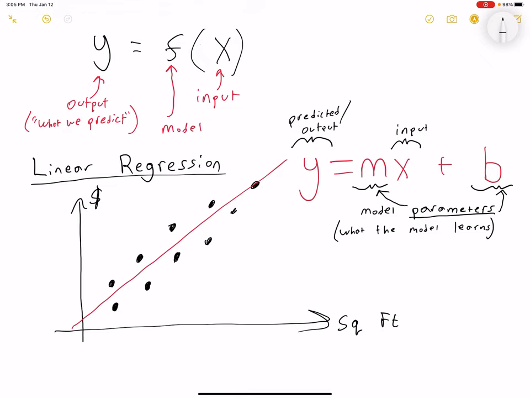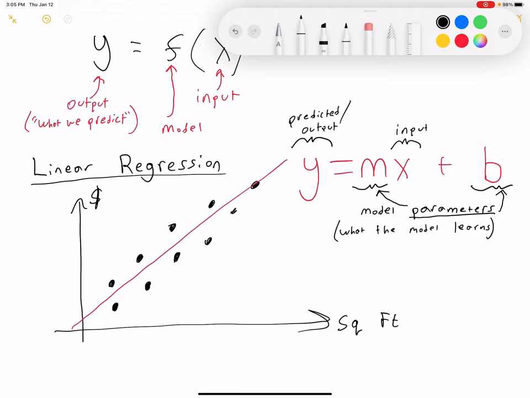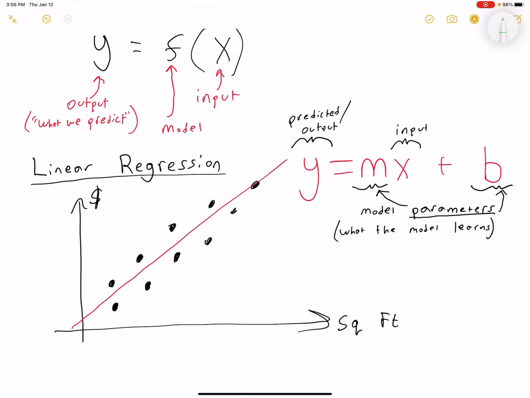So in linear regression, this line is the line of best fit. So how do we find out what the line of best fit is? Well, in the case of linear regression, what we can do is measure the distance from each data point to our current model line.